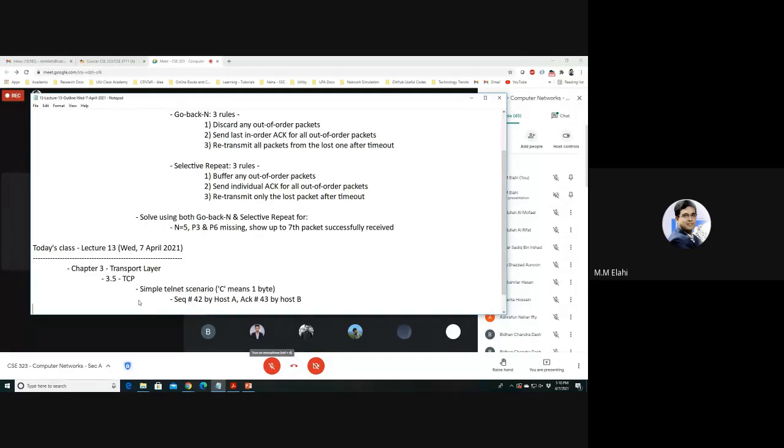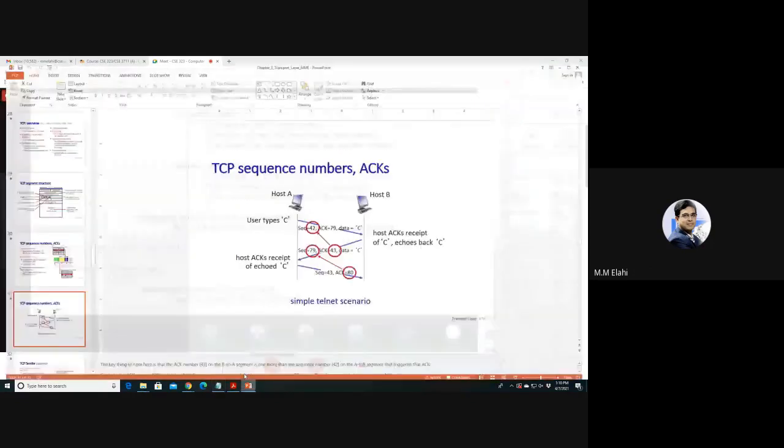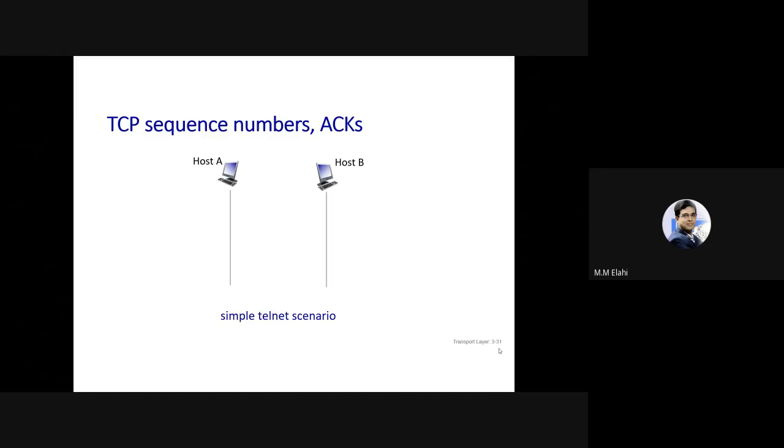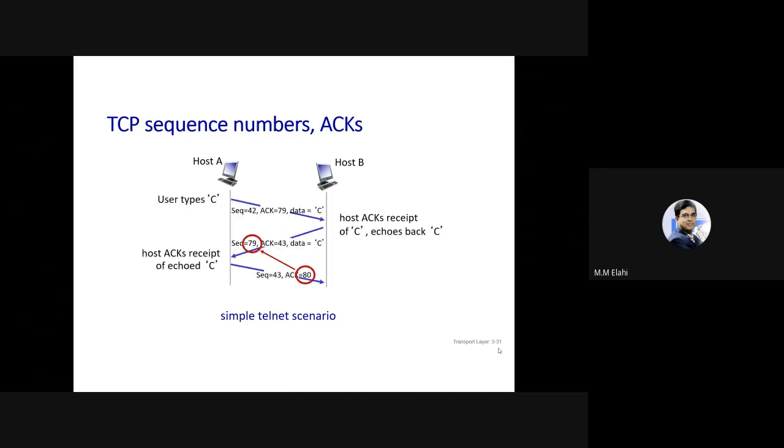It is clear. So it's in the example here. If you see, the sequence number sent by host A is 42, and since there is 1 byte data, host B sends acknowledgement number 42 plus 1. Again, sequence number 79 sent by host B and acknowledgement number sent by host A is 79 plus 1, since there is 1 byte of data.